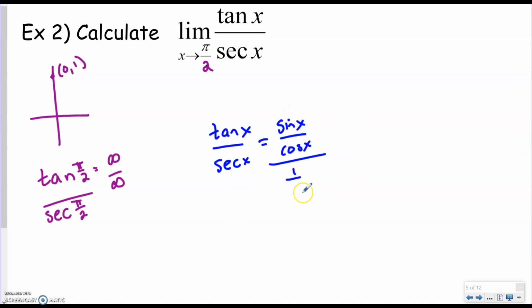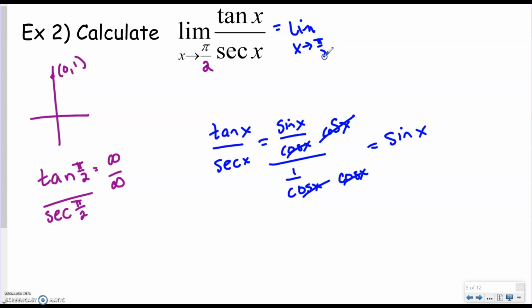So I'm going to multiply by cosine of x on both the numerator and denominator. So that cancels with that cancels with that, and we end up just having sine of x. So this is equal to the limit as x approaches pi over 2 of sine of x. Well, at pi over 2, our sine is simply 1.